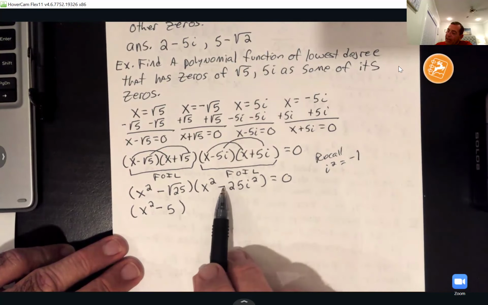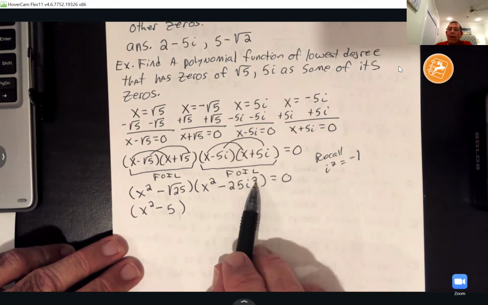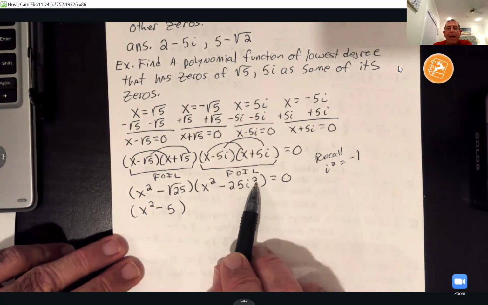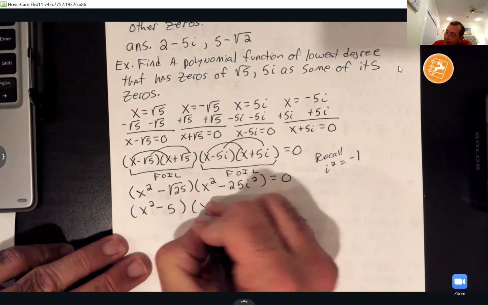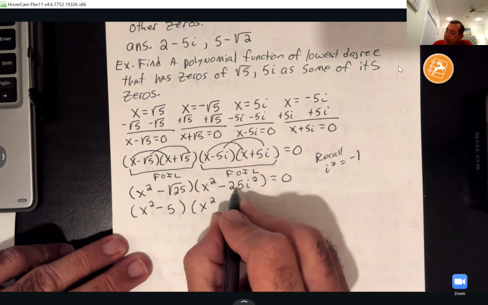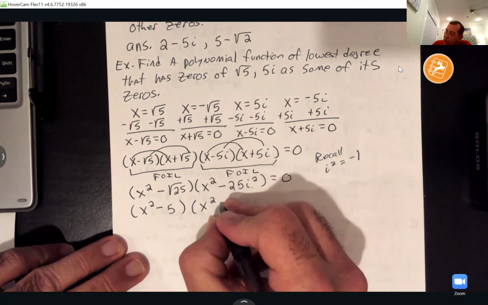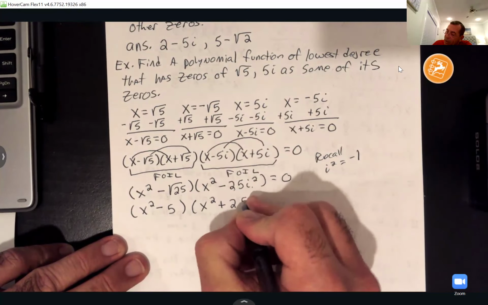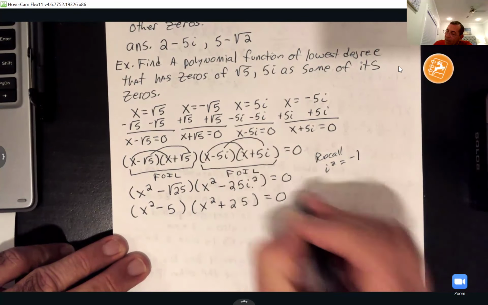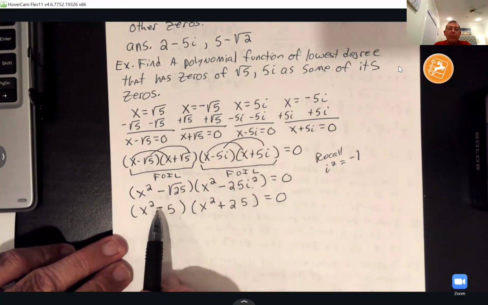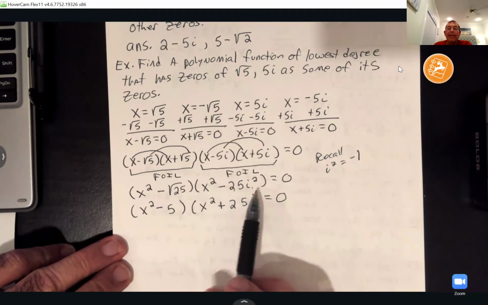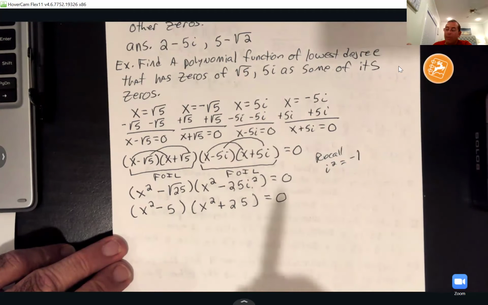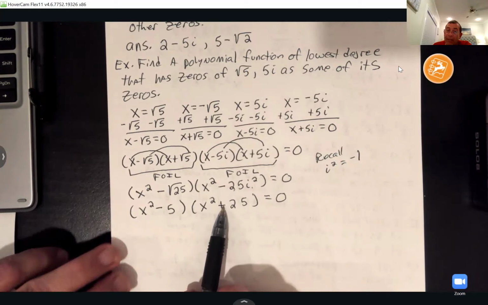And if you punch in negative 25i squared on the calculator, it's going to give us a positive 25. So this negative 25 times negative 1 is a positive 25. Remember, the radical stuff always comes out minus. The imaginary stuff 100% comes out positive, okay?